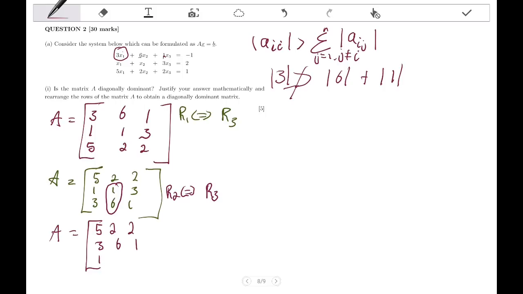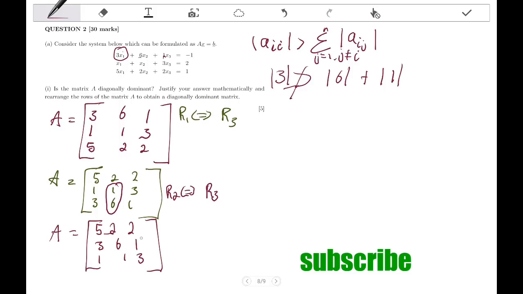Just look at it again and check whether it satisfies this. If it does, then you're done. The absolute value of the first element, 5, is greater than the sum of the other elements, 2 and 2.